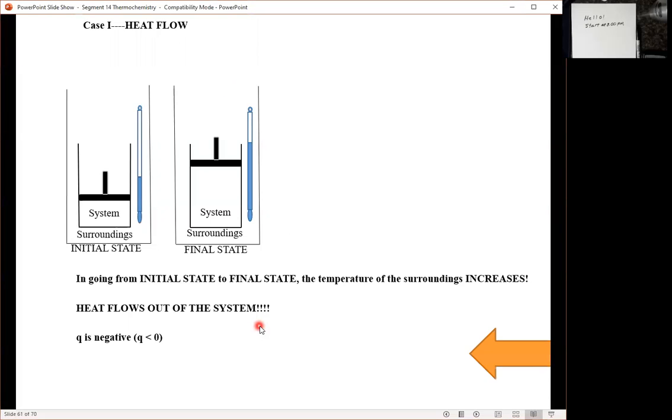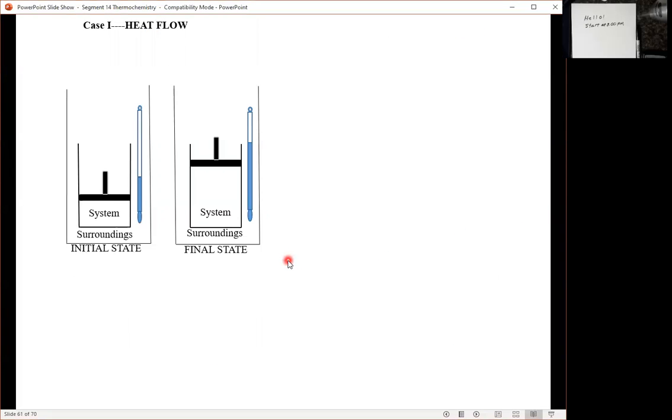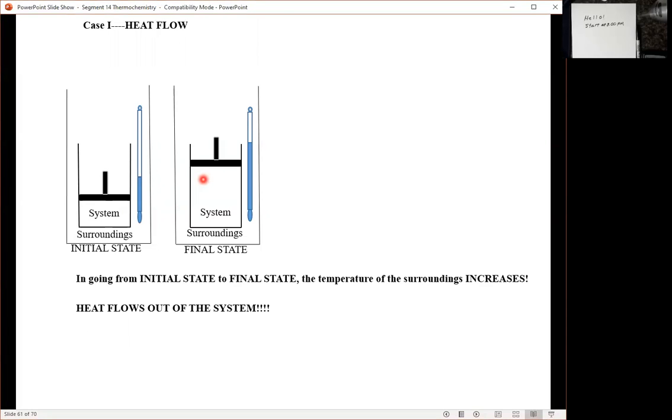If we look at this possibility, I've got the system like this, and it looks like this is the same as what we did a while ago. Heat flows out of the system.